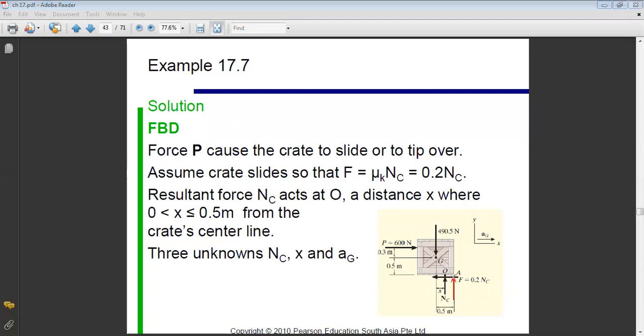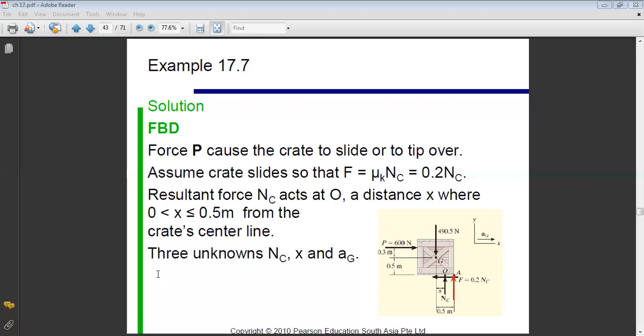So we eliminated one unknown, which was x. Okay? x is no longer unknown because we know that N is at 0.5 meters from the center. But what will be the additional unknown here? Alpha, because we have rotation, we will have alpha. But now we have two possible scenarios.